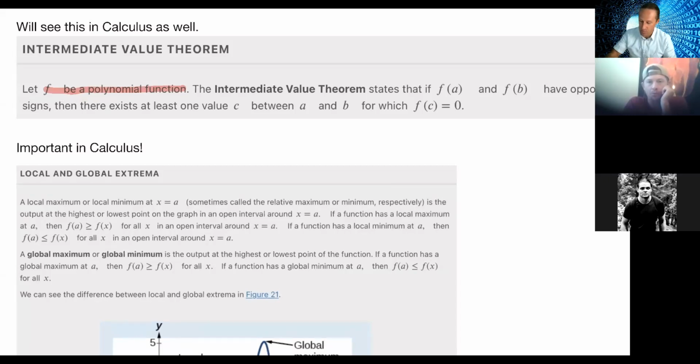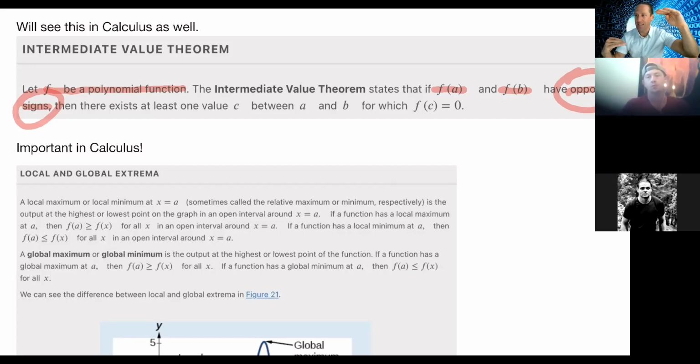But it says if you plug in something, anything called a, into your function, and you get out some y value, and then you plug in something else, well, as long as they have opposite signs, meaning that one of your y values came out positive and the other negative, or vice versa, okay? Then what has to be true if one is positive, one is negative?